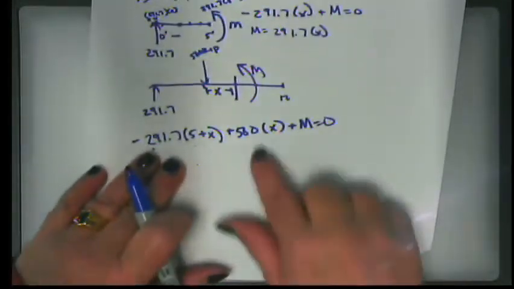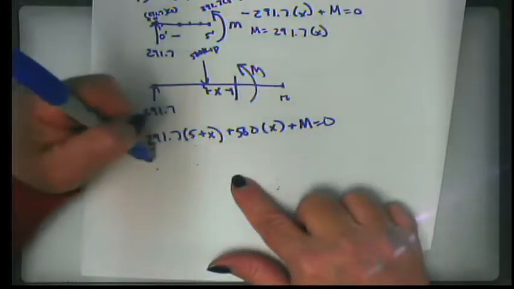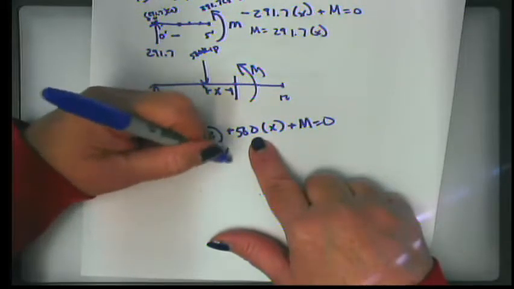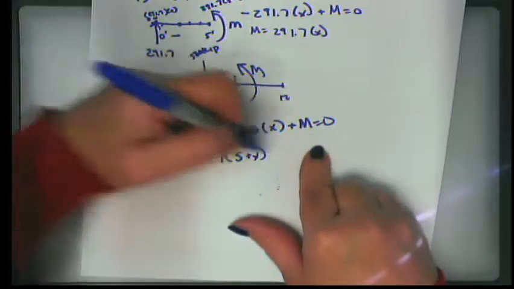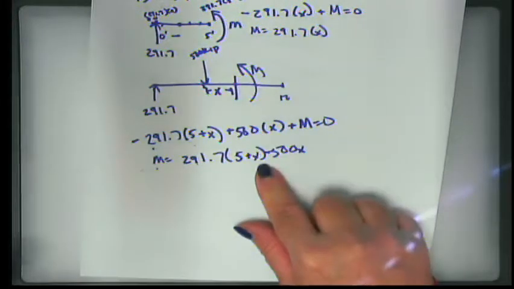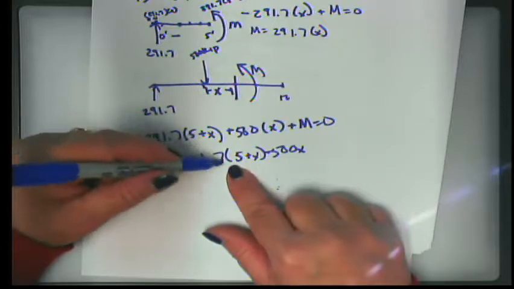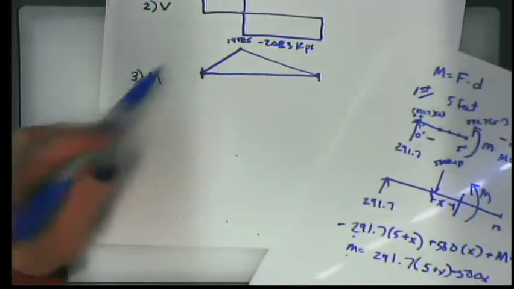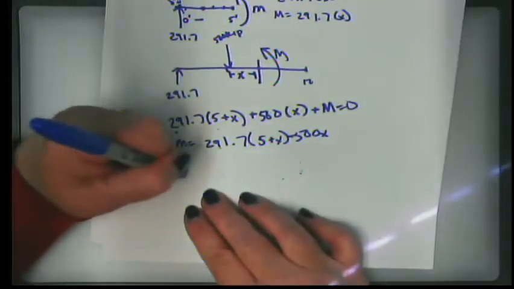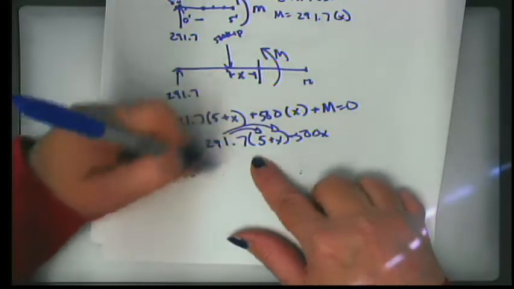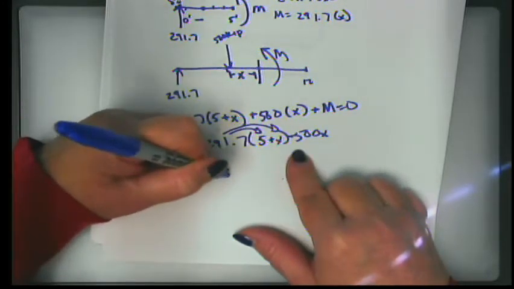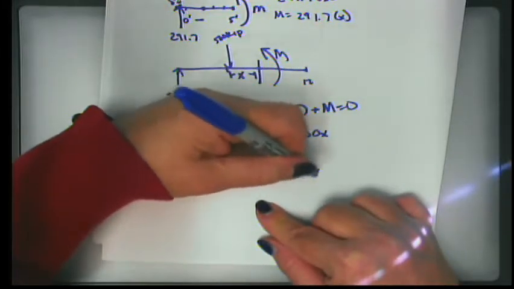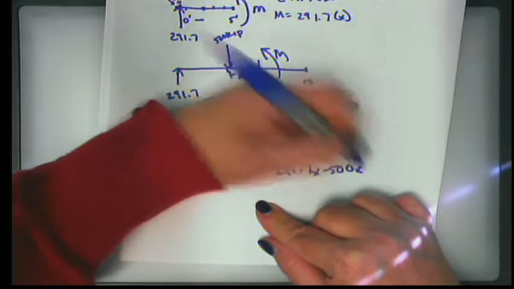If you work out this math, you'll find out that you'll get the same thing, where m is equal to 291.7 times 5 plus x minus 500x. If I take the 291.7 and multiply it by 5, I get that value of 1,458.5. So m, distributing this through, is equal to 1,458.5 plus 291.7x minus 500x.